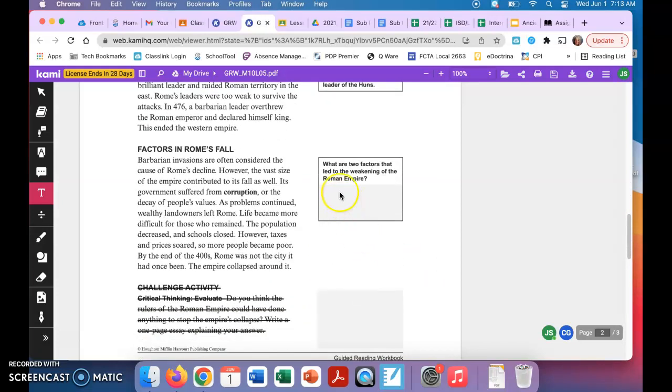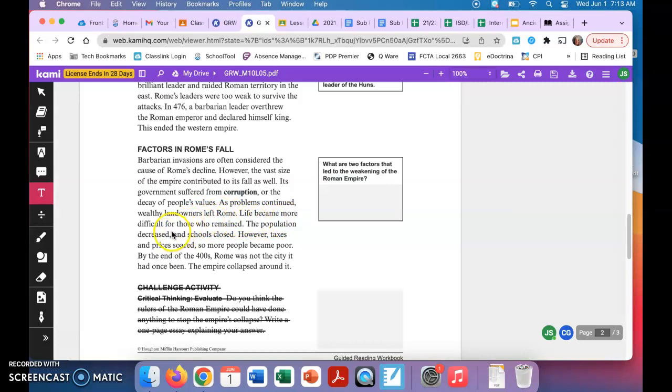Next section, question is, what are 2 factors that led to the weakening of the Roman Empire? Factors in Rome's fall. Barbarian invasions are often considered the cause of Rome's decline. However, the vast size of the empire contributed to its fall as well. Its government suffered from corruption or the decay of people's values. As problems continued, wealthy landowners left Rome.